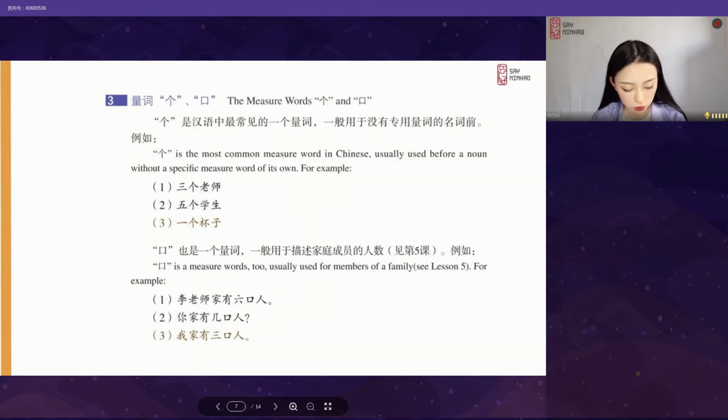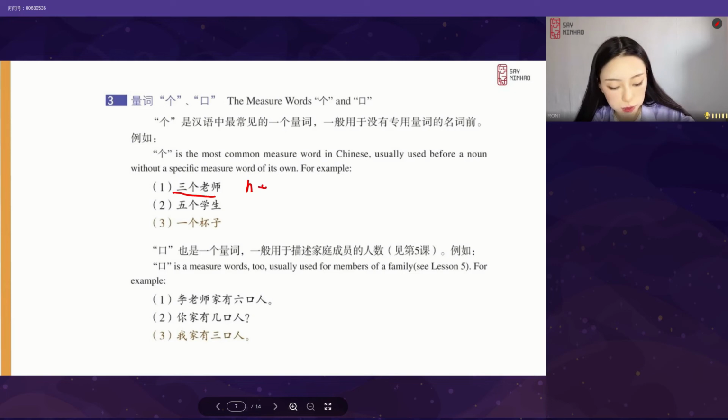Now let's move on to next one, the measure words 个 and 口. 个 is a general measure word in Chinese, and it is usually used before a noun without a specific measure word of its own. For example, 三个老师, three teachers.